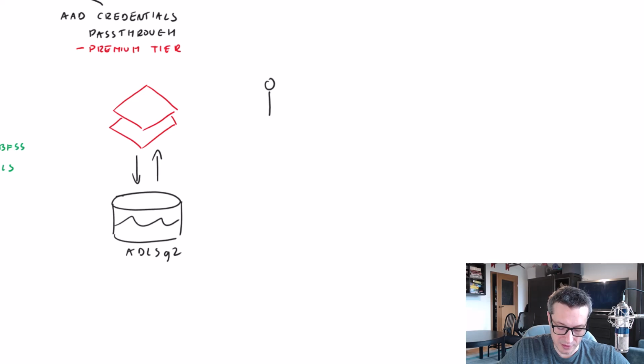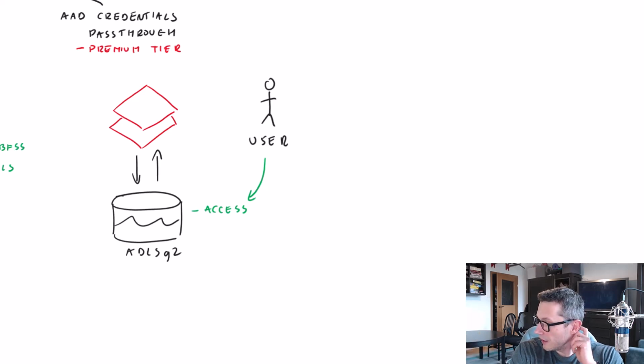So it looks like this. We have some user who is granted some access on a data lake by using role-based access control, by using ACLs. And whenever this user is connecting to my Databricks workspace and runs some notebook, I would like to make use of those permissions. So the access would flow like this.